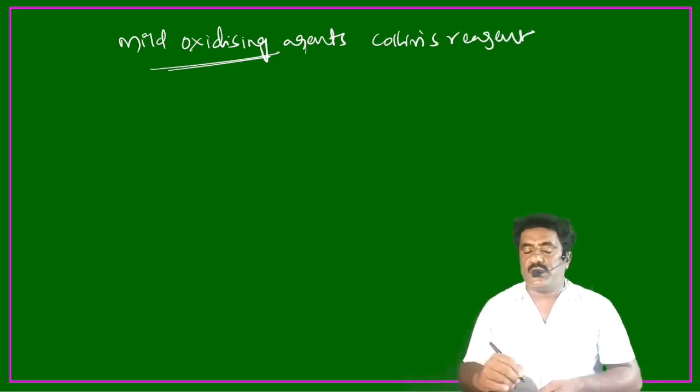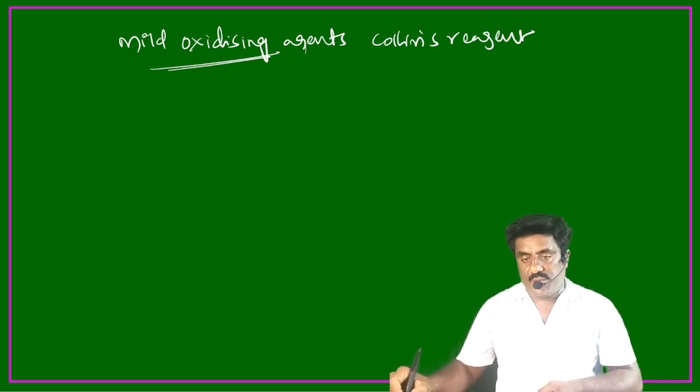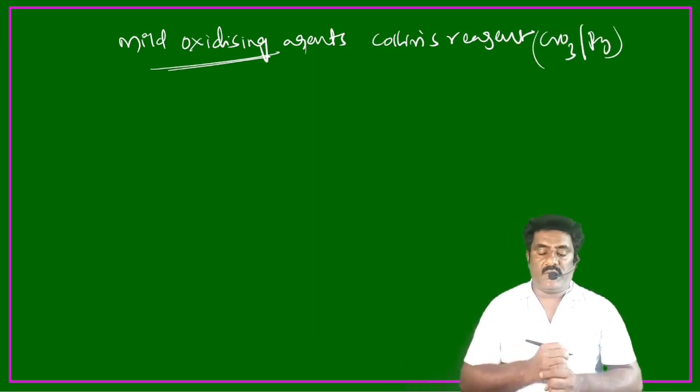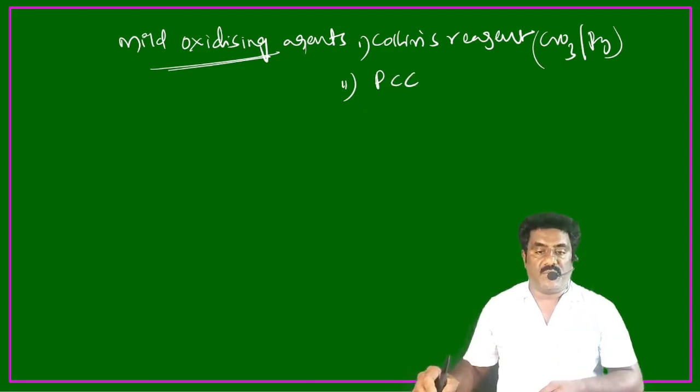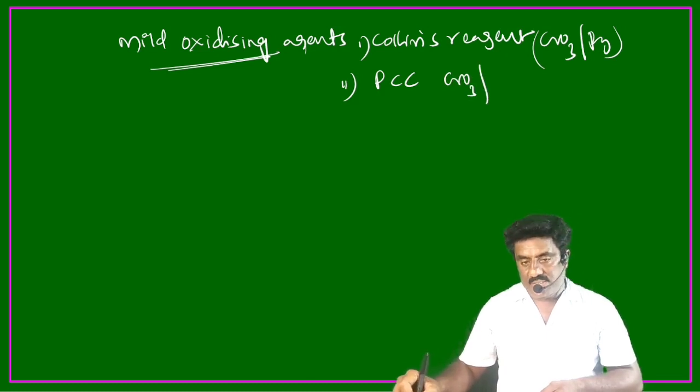Collins reagent means CrO3, chromic oxide in pyridine. That is a Collins reagent. And PCC. What is PCC? Pyridinium chlorochromate. Yes, it is CrO3 plus C5H5N plus HCl.